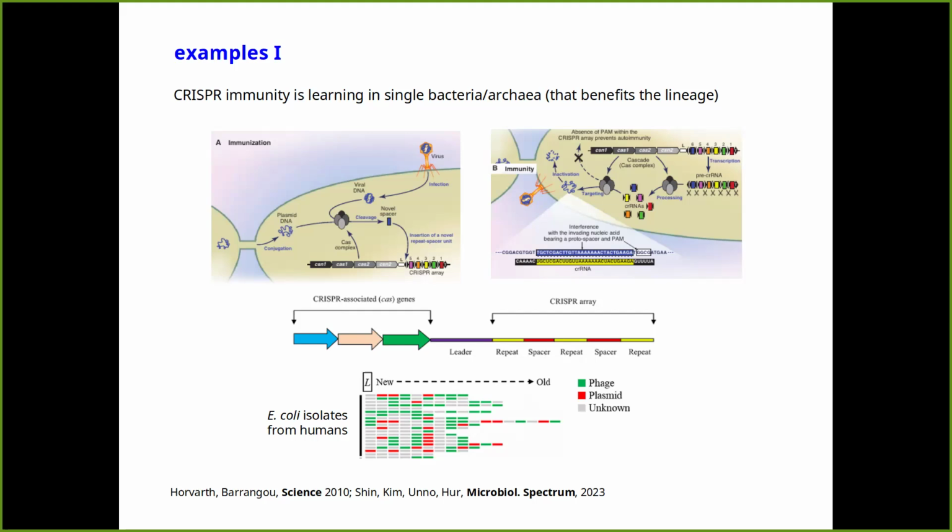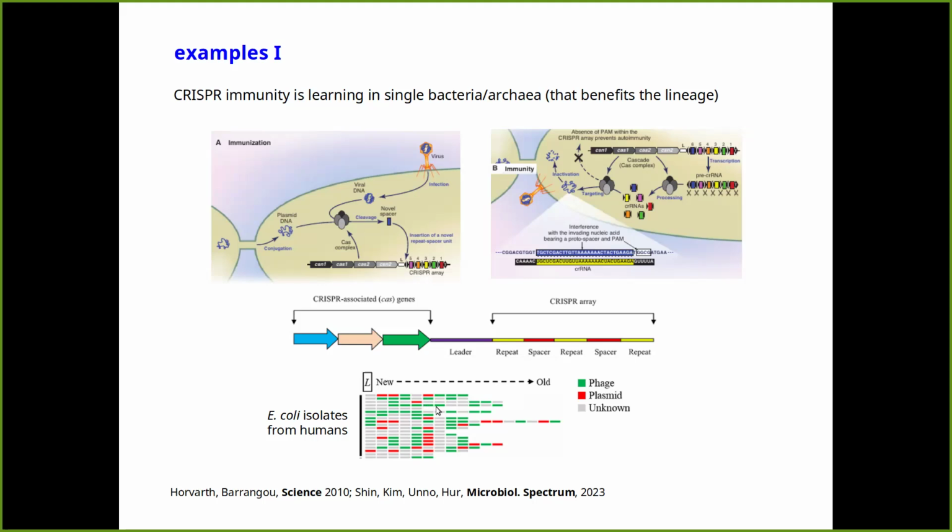And now we can actually sequence bacterial samples. In this case, in the bottom of this slide, it's an extract from a paper which did this from patient samples in a hospital, and you can sequence them, and you can see that the individual bacteria have different CRISPR loci. The CRISPR arrays look different because each of these bacteria had a different individual history, and this individual history can now be read out.